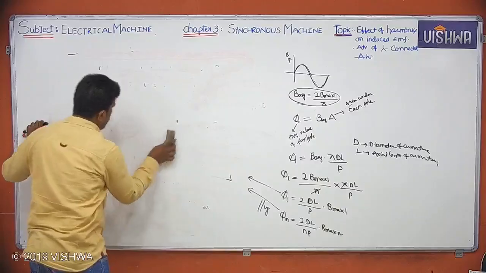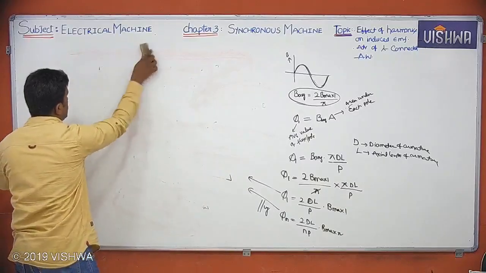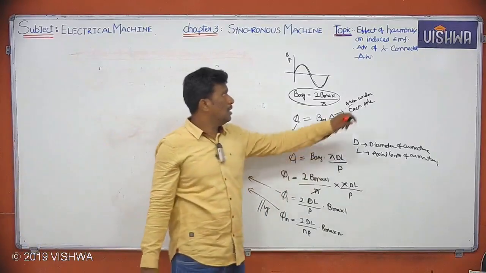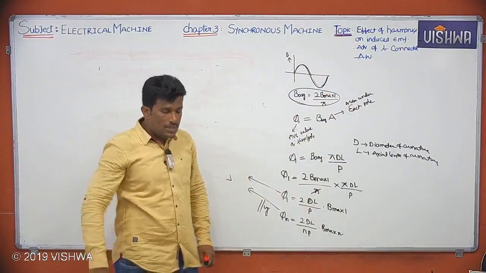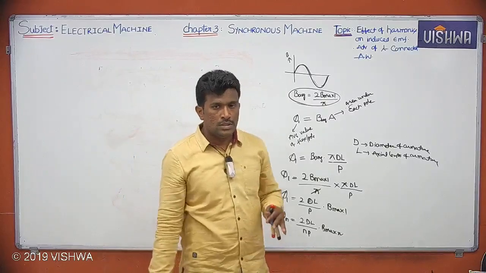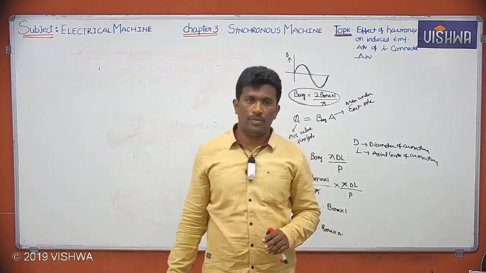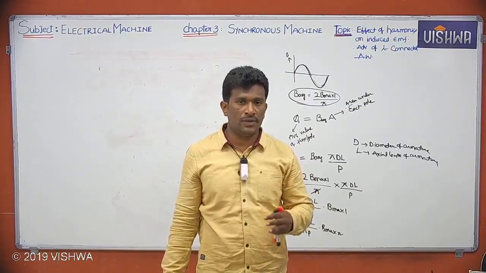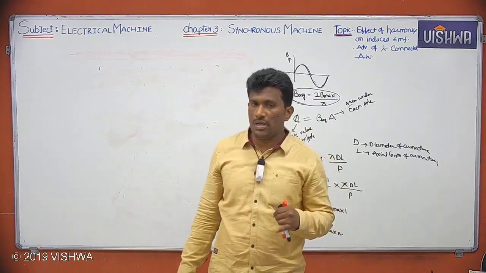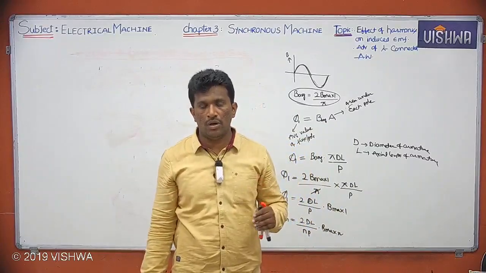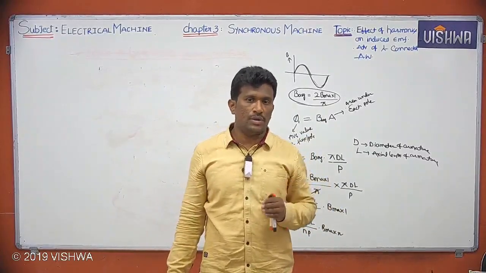So I request you, before listening to this topic, advantage of a star connected armature winding, please try to see the transformer chapter before starting three-phase transformer. I think we explained the topic effect of non-linearities and saturation of magnetic core on the operation of transformer.